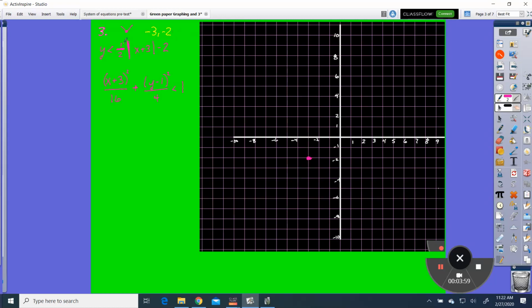There it is. Now the slope is this number out here. So I go up 1 over 2, up 1 over 2, up 1 over 2. I can do this forever. And because it is a less than, it's going to be a dotted line.